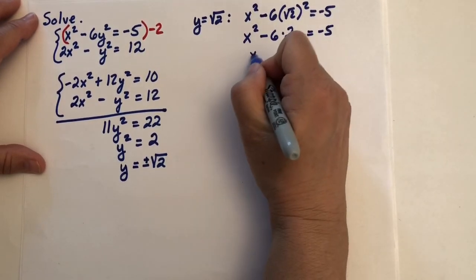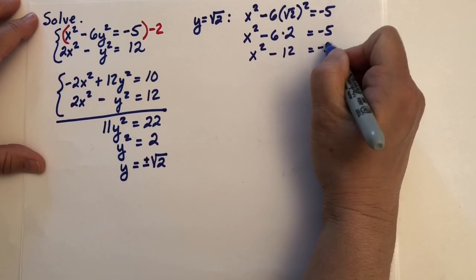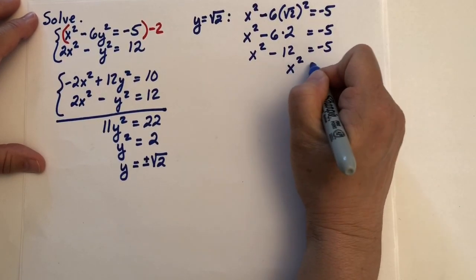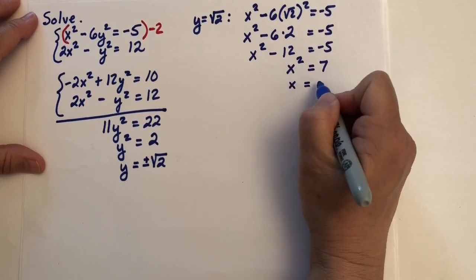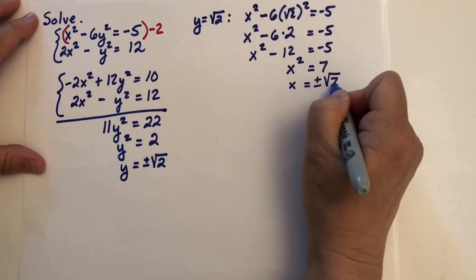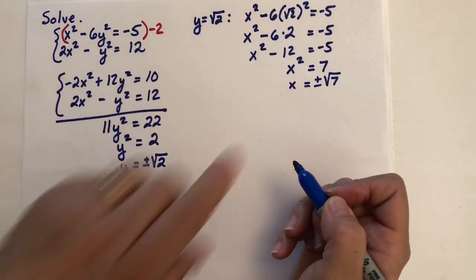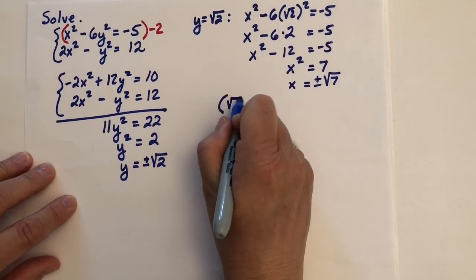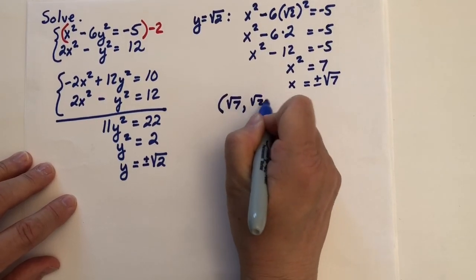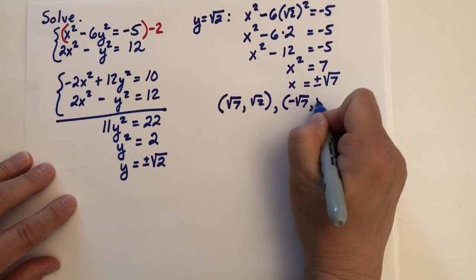So we have x squared minus 12 equals negative 5, or x squared equals 7. So x equals plus or minus the square root of 7. So with this y coordinate, I have these two x coordinates. So I'm going to write that as positive square root of 7, square root of 2, and negative square root of 7, square root of 2.